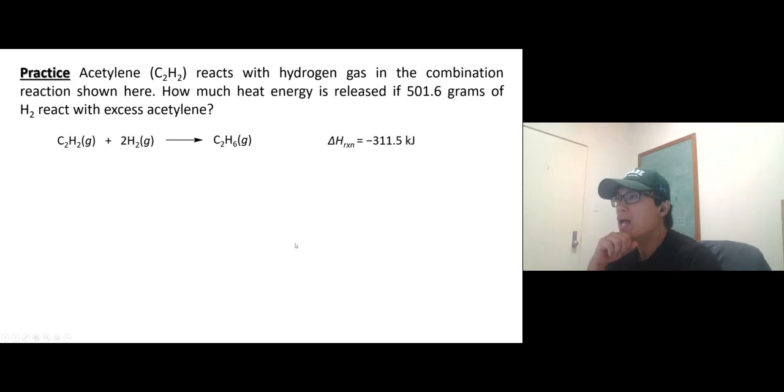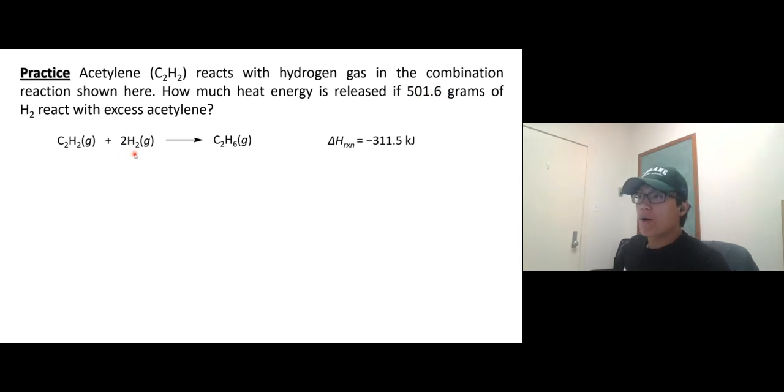Acetylene, C2H2, reacts with hydrogen gas in the combination of reactions shown here. How much heat energy is released if 501.6 grams of hydrogen gas react with excess acetylene? So the excess, don't care about it. 501.6 grams of hydrogen gas.